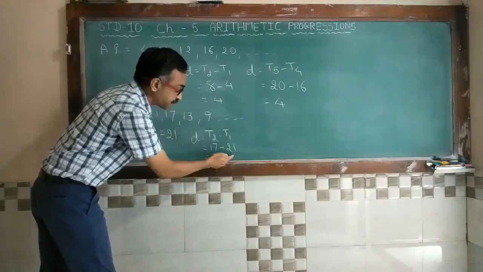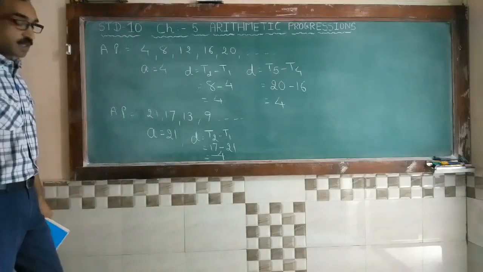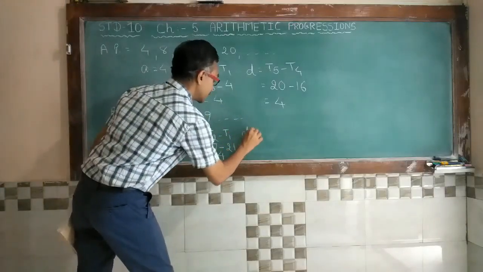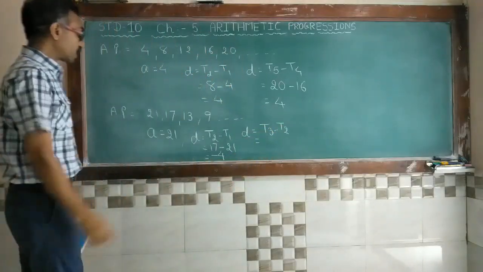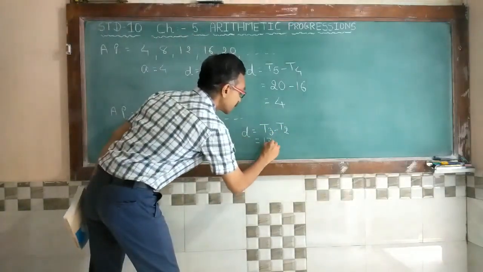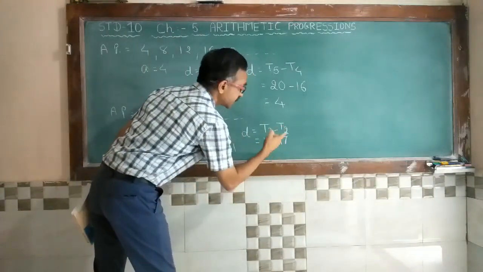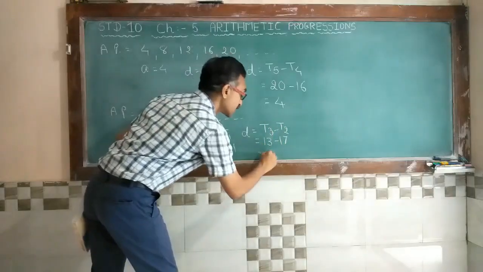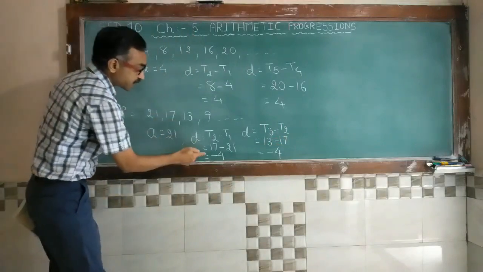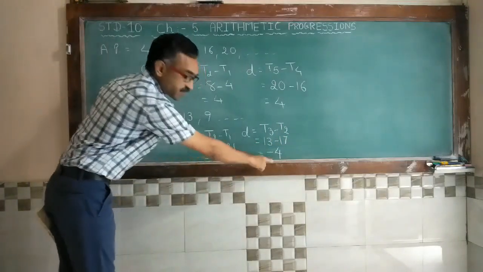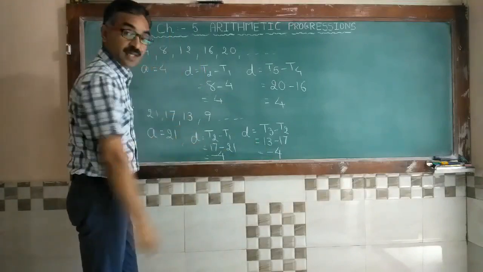Here 21 is a bigger number than 17, so the answer is minus 4. Again, D is equal to T3 minus T2. Third term is 13 minus second term 17. Again here 17 is greater than 13, so the answer is minus 4. See here, D is minus 4, common difference is a fixed number, but here the difference is a negative number.